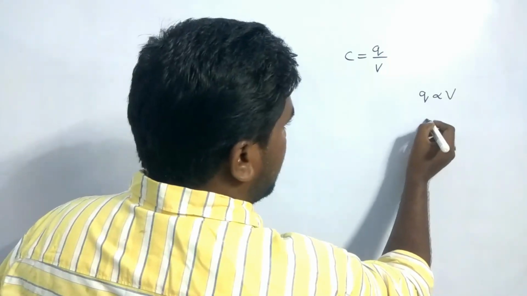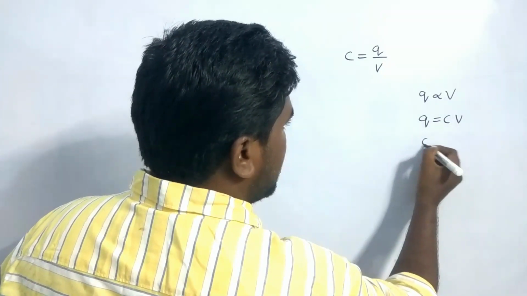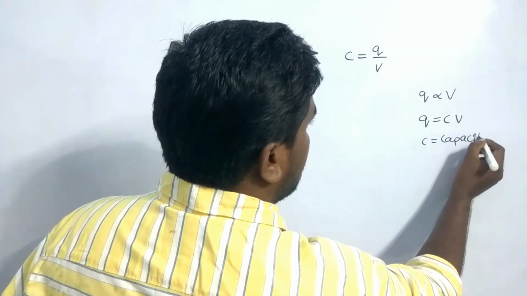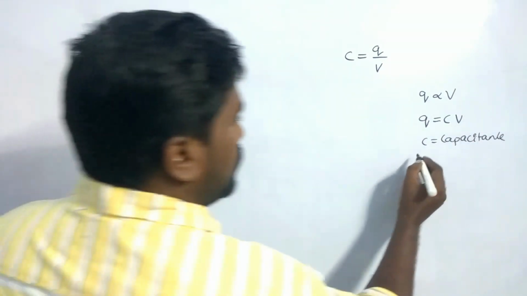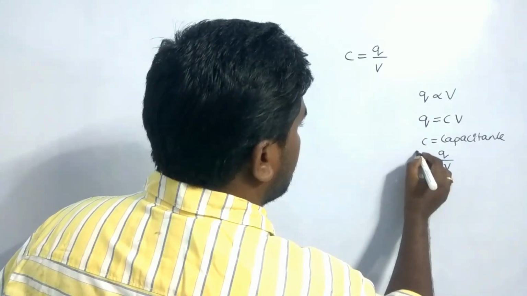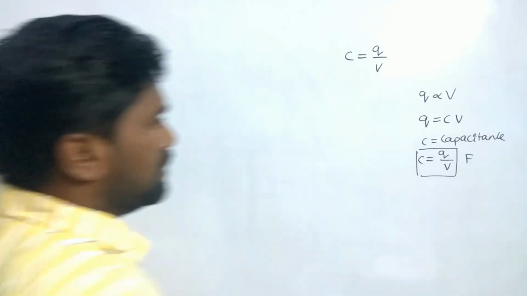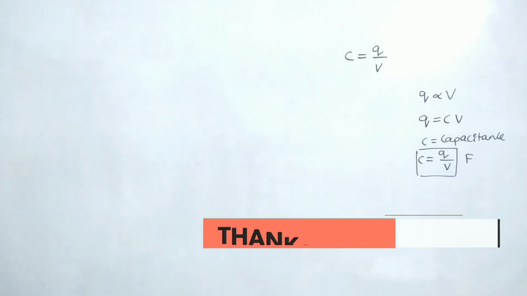By this you can write that Q is equal to some constant C into V, where C is nothing but the capacitance of a capacitor. So C is equal to Q by V. This is the capacitance of a capacitor in farads. The unit of capacitance is farad.